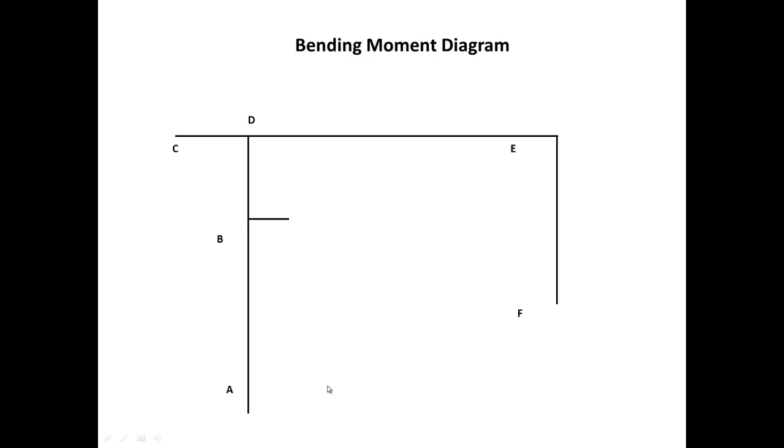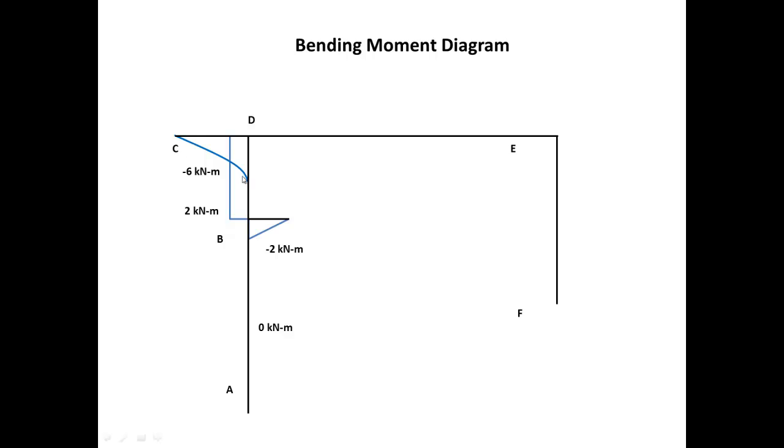For the bending moment diagram, 0 moment at A, B in member AB. We have a moment in member B, B prime, like that. We have a moment of 2 in member BD.